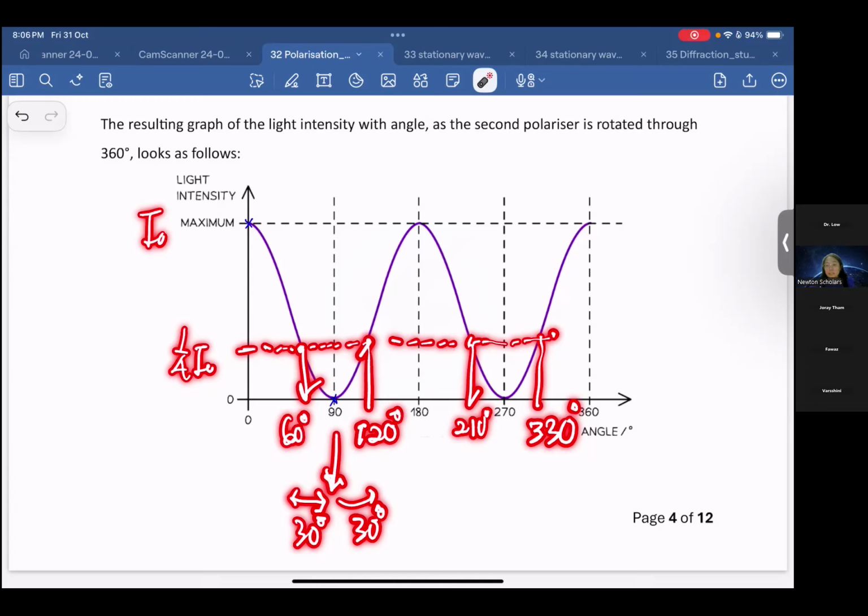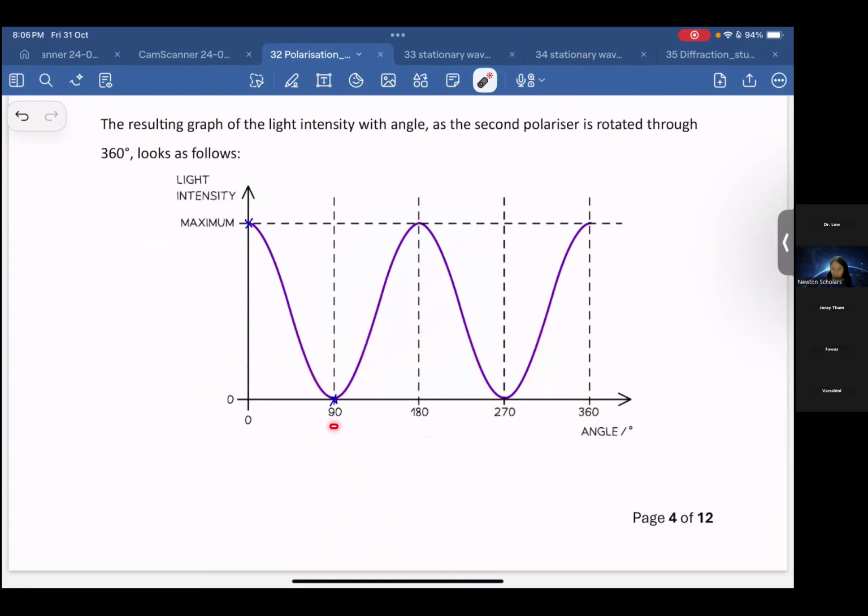The difference times 2, only 60 times 2. You cannot say 60 times 2. Because you see 120, the next one is 210 degrees. From 60 to 90 is 30 degrees, extra 30 degrees. Then continue another 30 degrees, you will get back the same intensity.